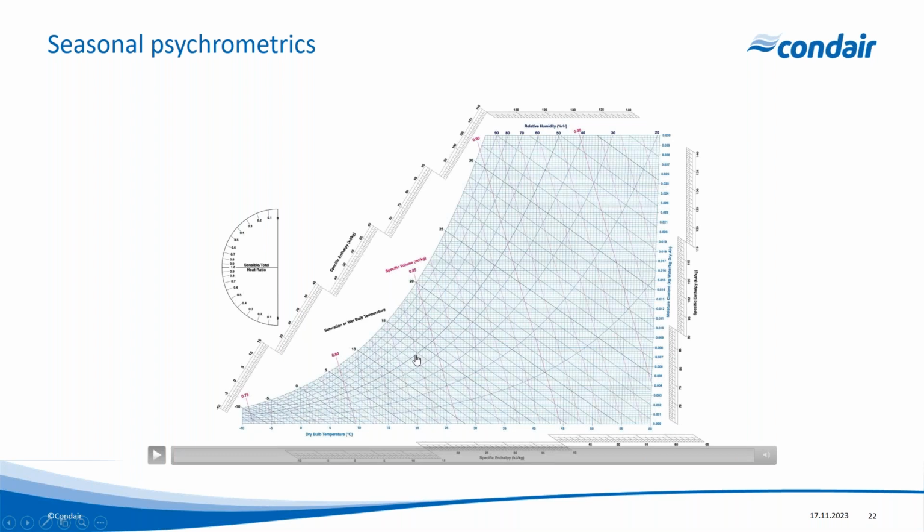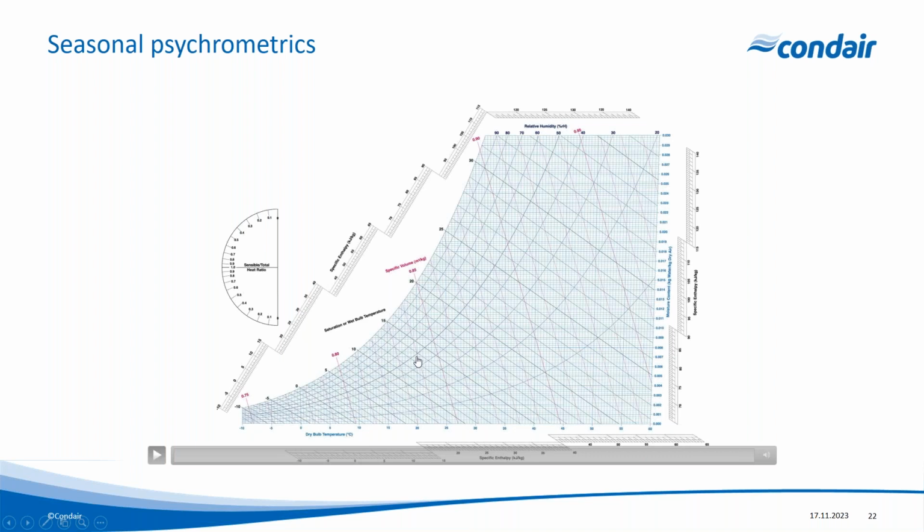I can also see what the absolute humidity is, which is how much moisture is in the air, by simply reading it off the side of the chart. So at 20 degrees C dry bulb, 14 degrees C wet bulb, 50% saturated, and 0.0074 kilograms per kilogram of dry air.